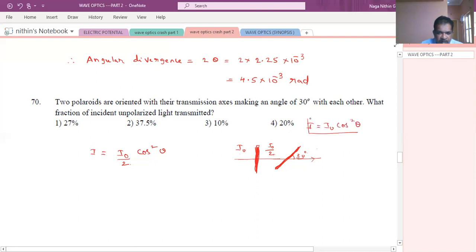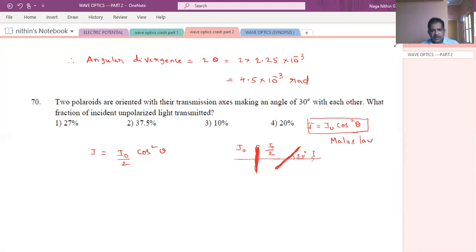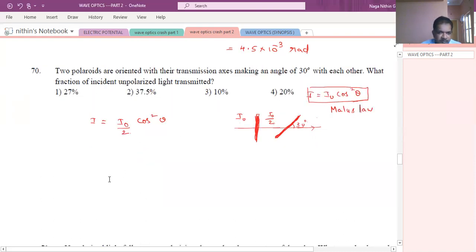This is Malus law. Here how much is incident on this mirror? I naught by 2. So the emerging light will have I naught by 2 cos square theta. So I naught by 2 cos square 30.